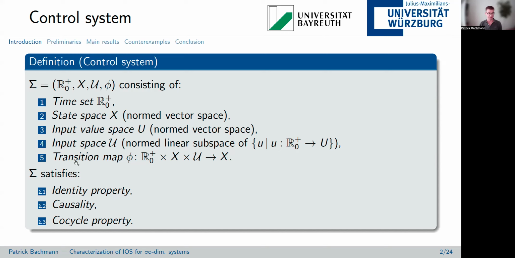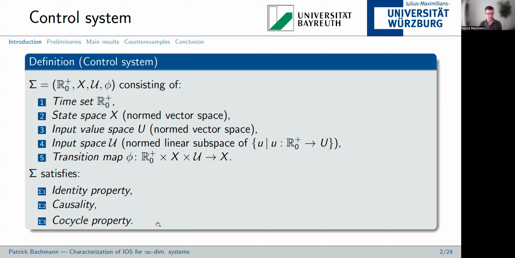Furthermore, we have a transition map phi, which is a map from the time domain, the initial state X, and the input space to X.